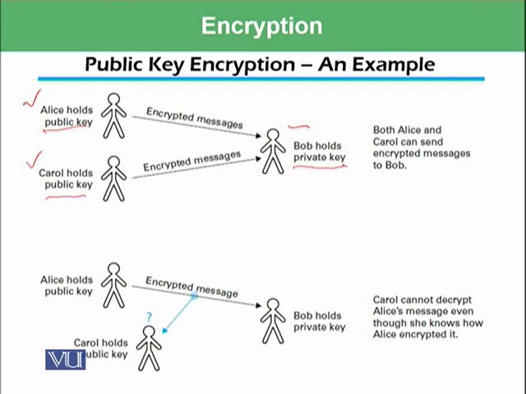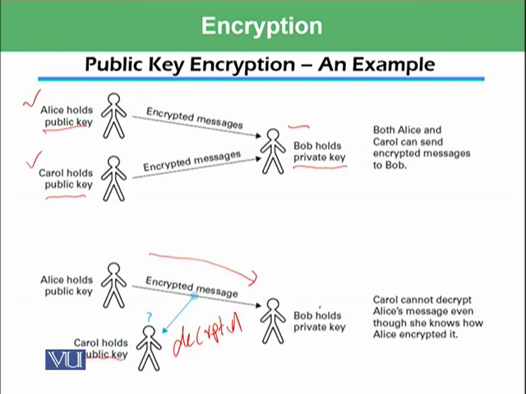So if there is a scenario that Alice wants to send some message over here, and that message is hacked by Carol, and she also has a public key, which means that this message could be understood by Carol. However, it will not happen because this message cannot be decrypted using the public key.